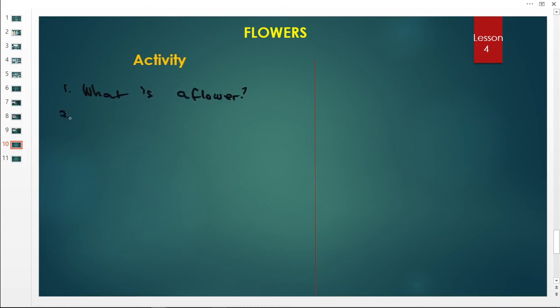Number two, what name is given to a female part of a flower?